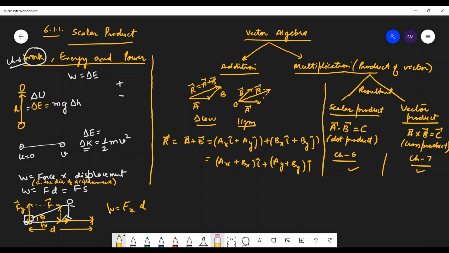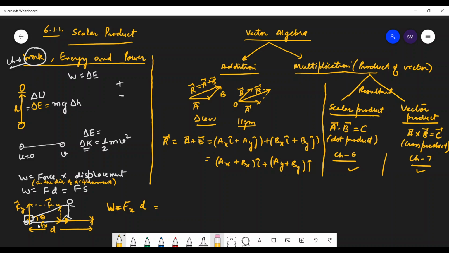So this will be the work done, force in the direction of displacement. Now this Fx, I can write in terms of this base and this hypotenuse, so base equals hypotenuse cos theta. So I can write it as F cos theta into d, and further I can write this as F dot d.